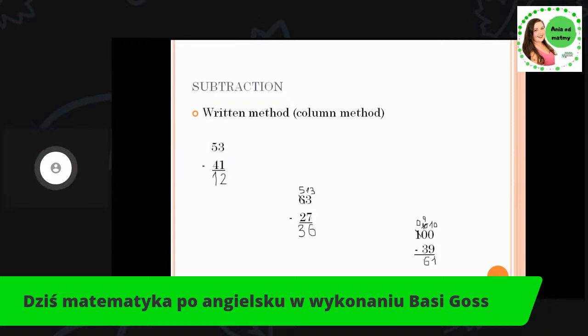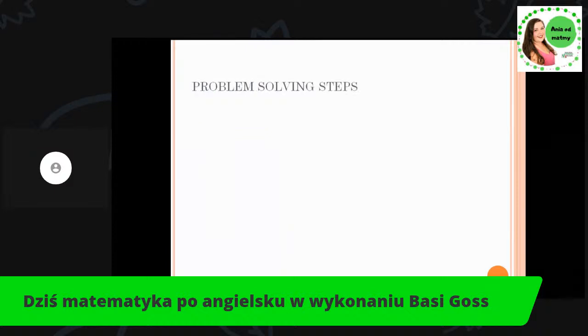This was a reminder for the written method for subtraction. And we have problem solving steps. We were talking about them in the last lesson. So what do we have to do when we have a maths problem to solve? What do we need to do first?